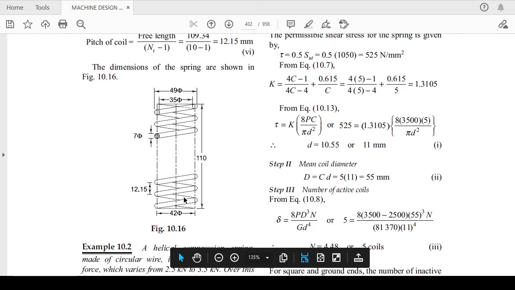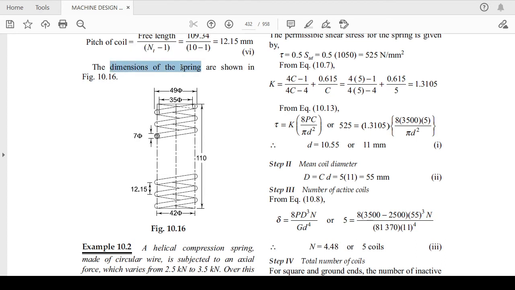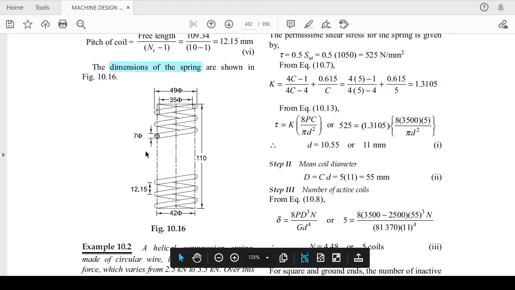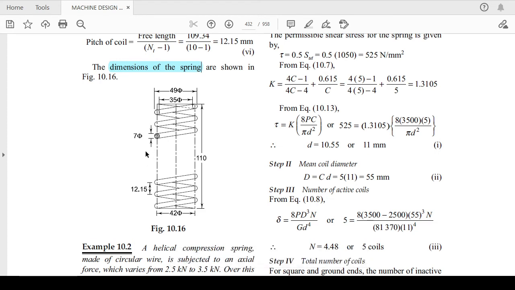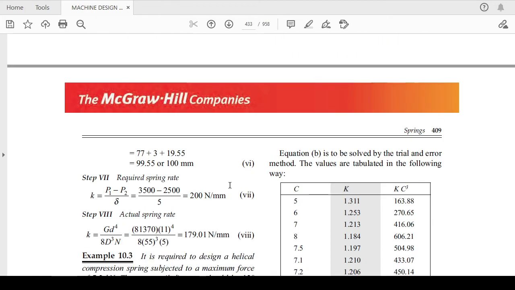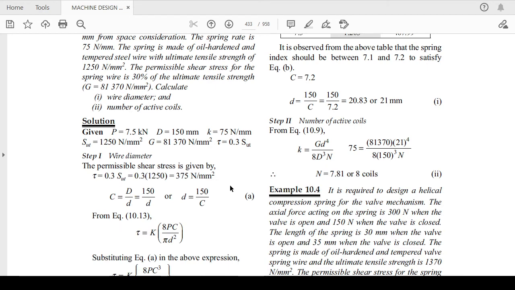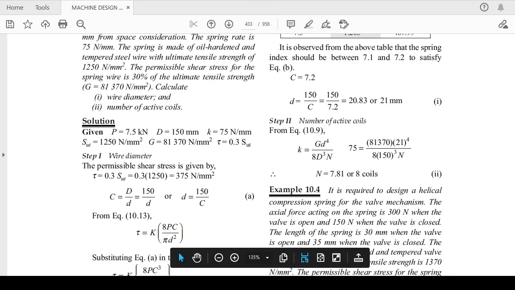After that you can also specify, or rather this picture is very essential. You have to draw this picture and enumerate all the values in the specification, so that you can get maximum marks in this numerical in your university exam. The same calculation you can apply to the same numerical for fluctuating stresses.